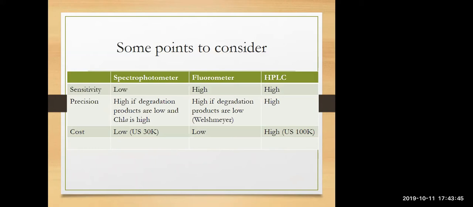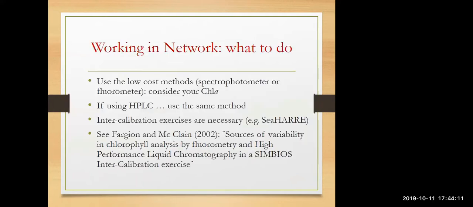That means that HPLC is an instrument that is not really spread in many countries. It is not used by many laboratories because of the cost and the time, and it is also a time-consuming method.